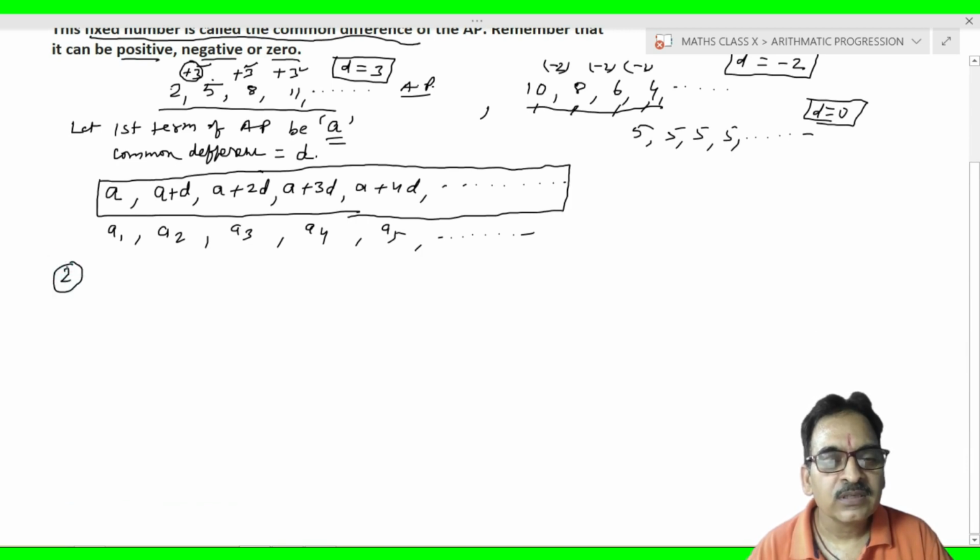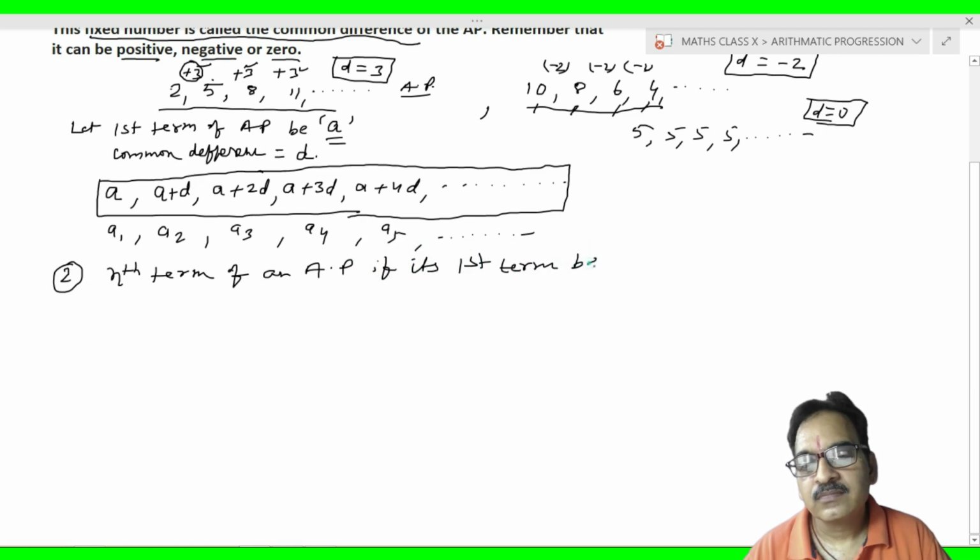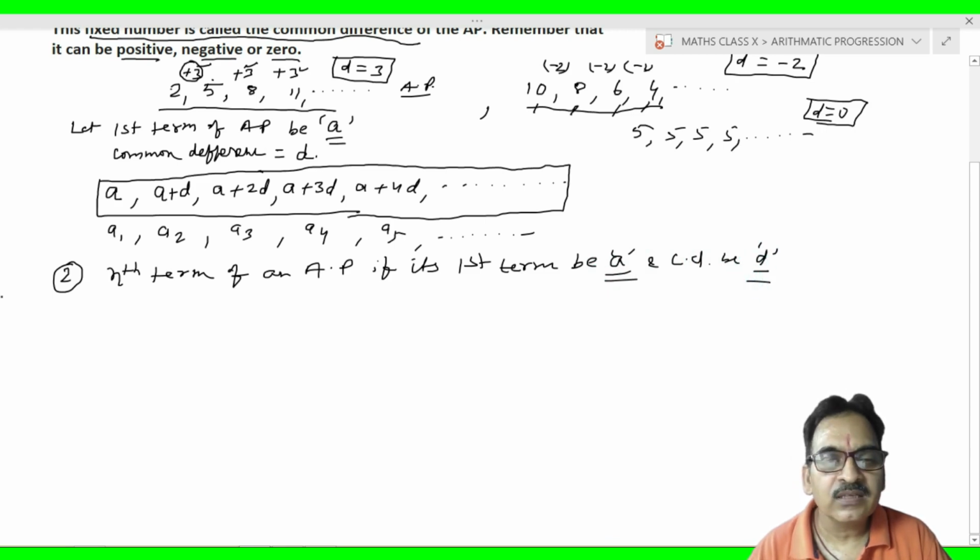Suppose, how to find the nth term, how to write the nth term of an AP if its first term is A and common difference is D. If the first term is A and the common difference is D, then how do we get the nth term of an AP?